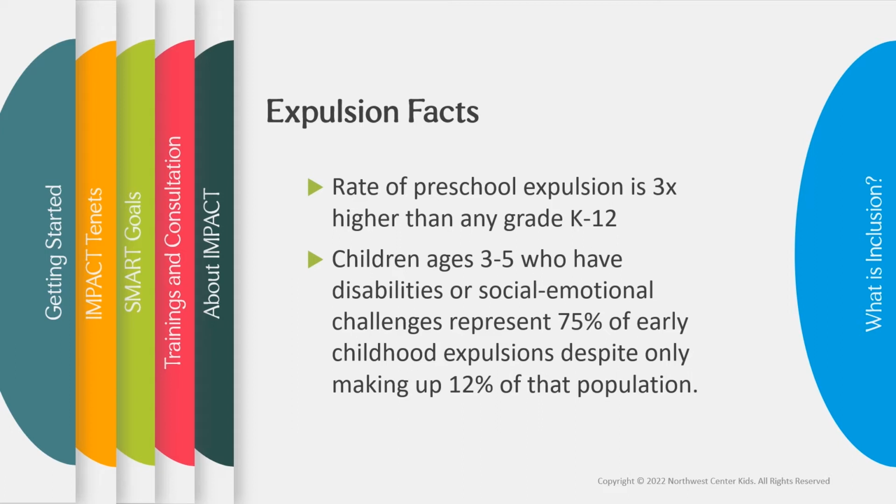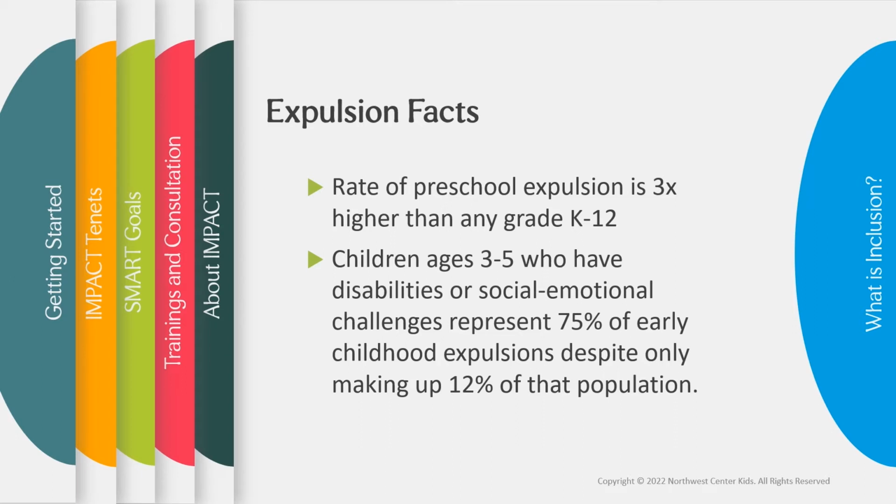For example, when a child's behaviors become challenging for a program, their parent may be asked to pick the child up early or only come part-time. Parents are made to feel like their child is too much, or every day at pickup, teachers are giving an update to parents that their child is difficult. Children are listening.